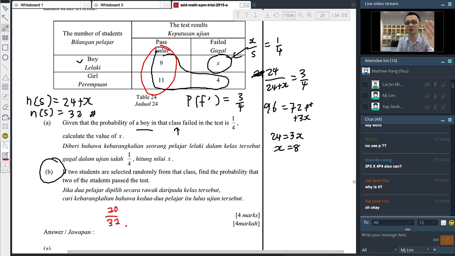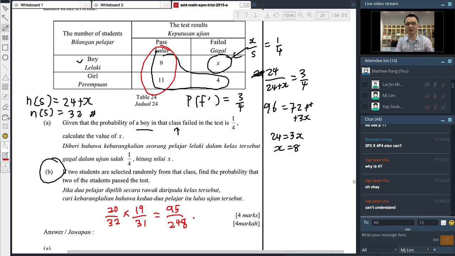Because I select a student, I cannot select the same student 2 times, so obviously it's without replacement. So I multiply by 19 over 31 because of without replacement. So 20 over 32 multiplied by 19 over 31, and you will get the answer, which is 95 over 248.